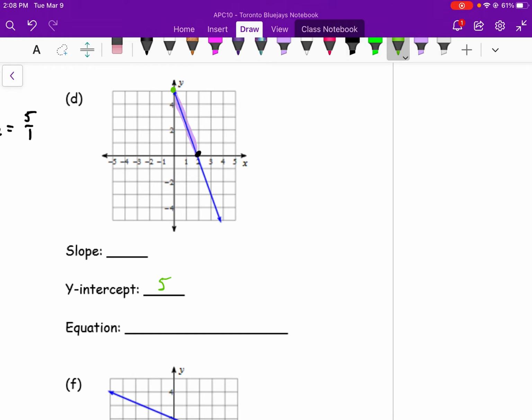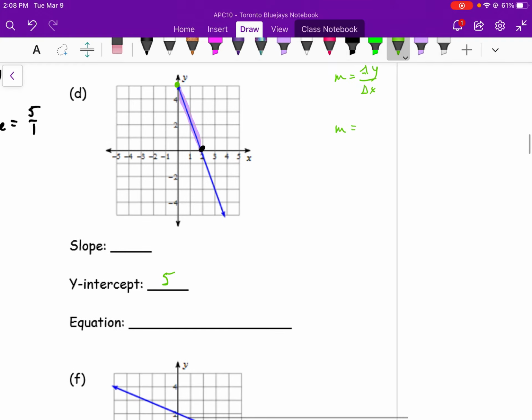So as I go from the green point to the black point, I know my slope is delta y over delta x. That is the vertical change over the horizontal change. My y value from the green to the black goes down 5 units and goes over 2. So down 5, 2 to the right.